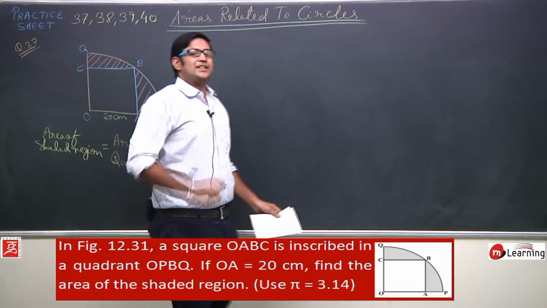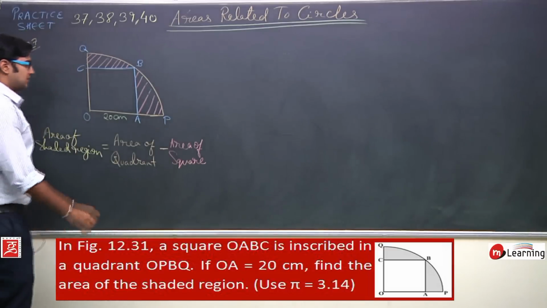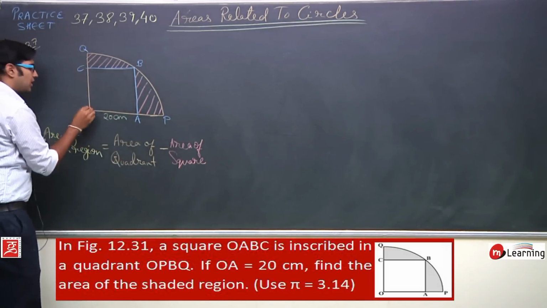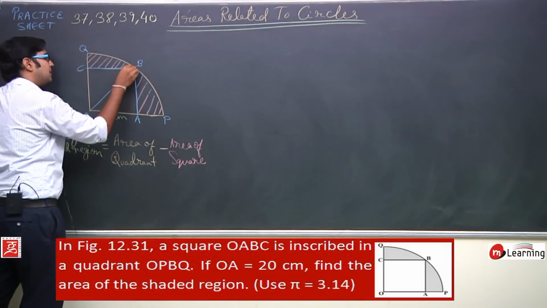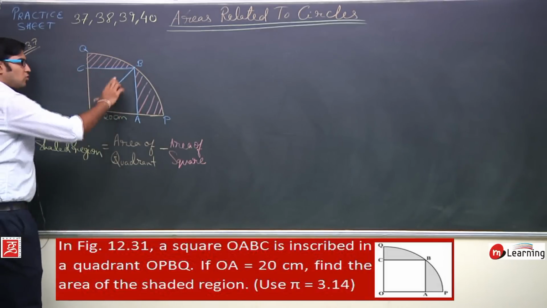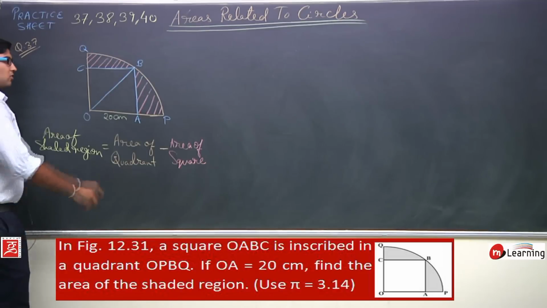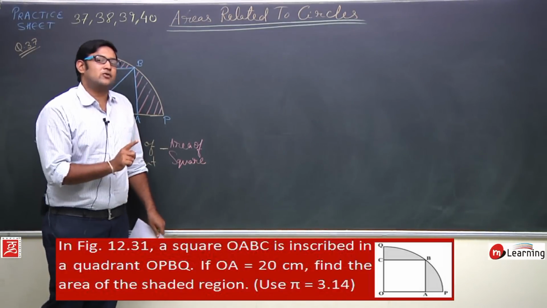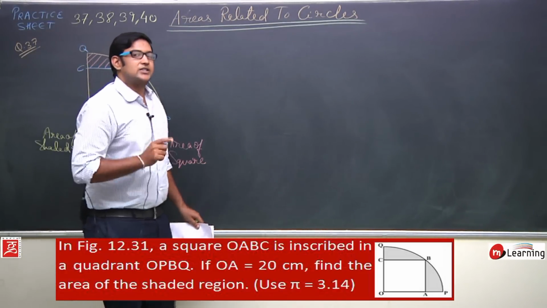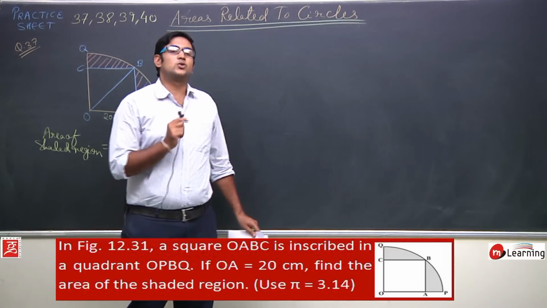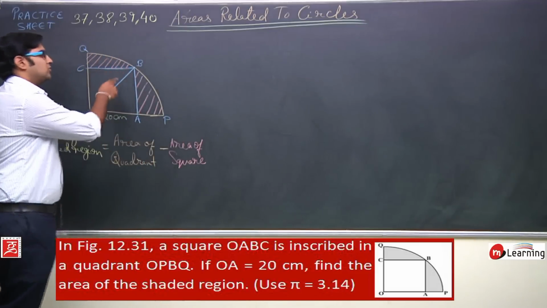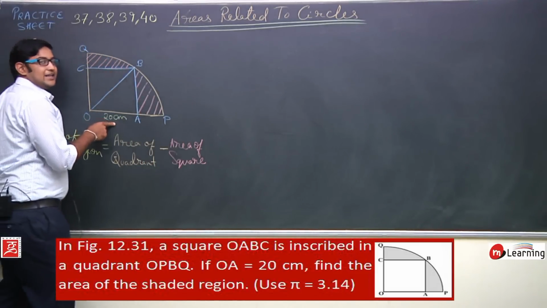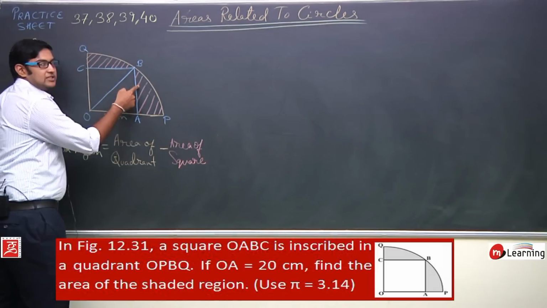To determine the radius, we can see the radius is either OP or OQ, or I can join O and B also. So OB is the radius. Now OB is the radius of the quadrant as well as one of the diagonals of the square. This square has side 20 centimeters, so this is 20, this is 20.